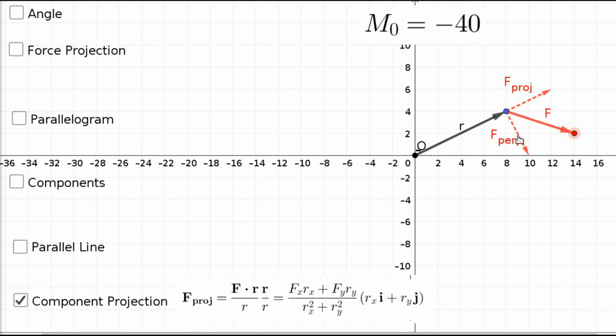And if we want to find the perpendicular vector, the thing to notice is if we take our F and subtract the F projection vector, it will be the F perpendicular vector.